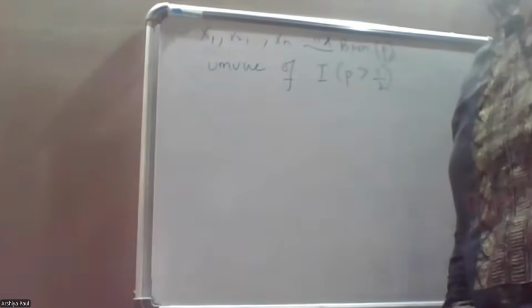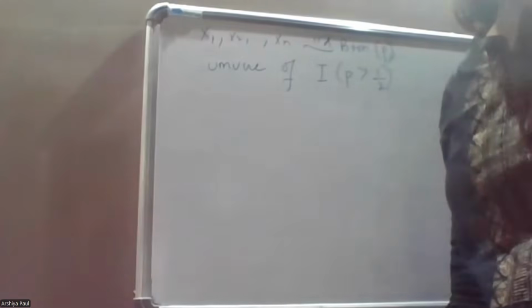Okay. So will it be unique? Like, will the UMVUE that you got from the complete sufficient statistic be unique? Yes. Why is it so?